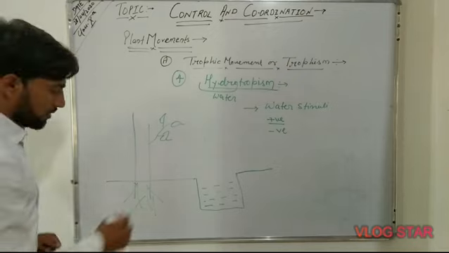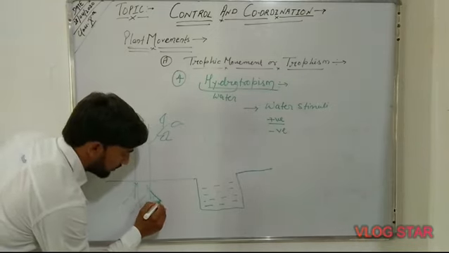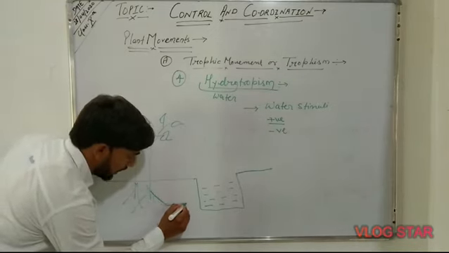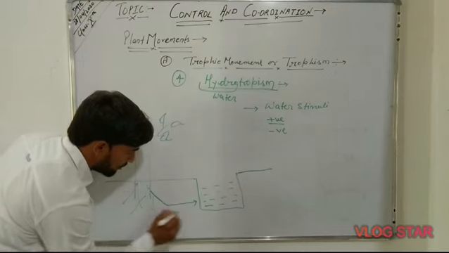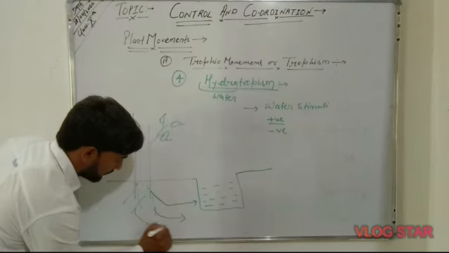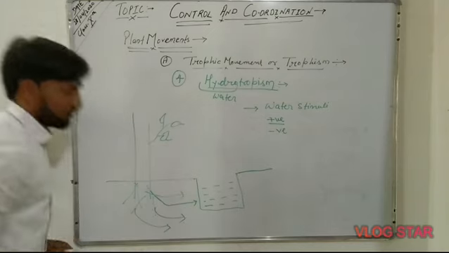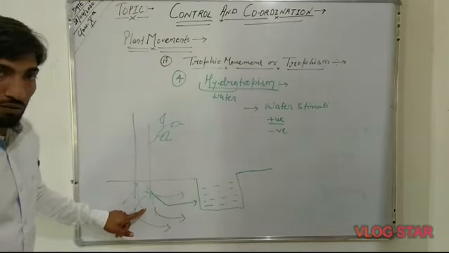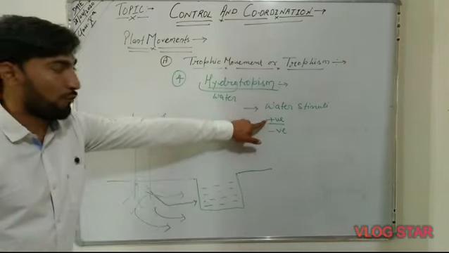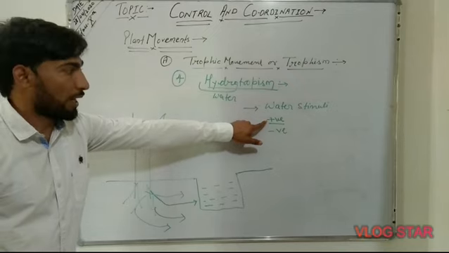After some days, the movement of roots changes its direction, and the roots start moving towards the water. So in this case, the movement of roots towards water is the example of positive hydrotropism.